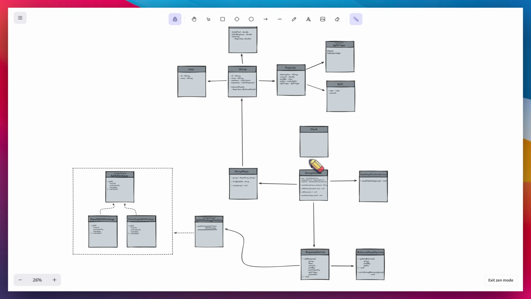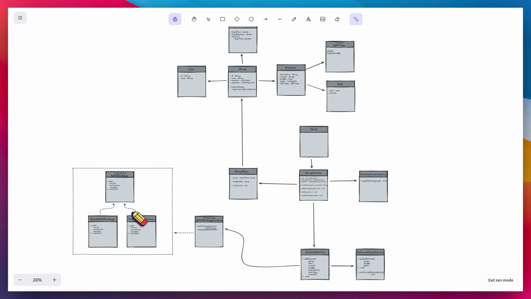If the client decides to add an expense into a specific group, again it will interact with the group service, and the group service will interact with the expense service, and the expense service will interact with the factory to create one of the objects based on the user input.